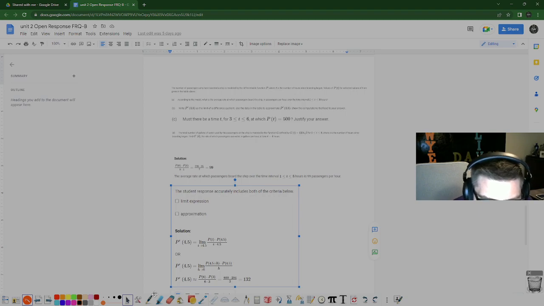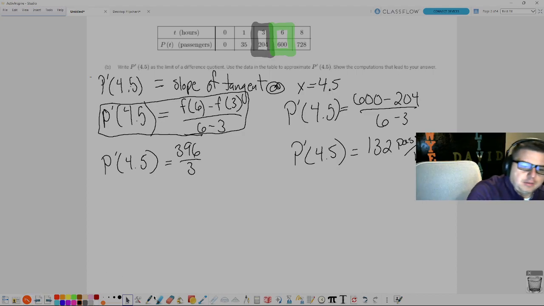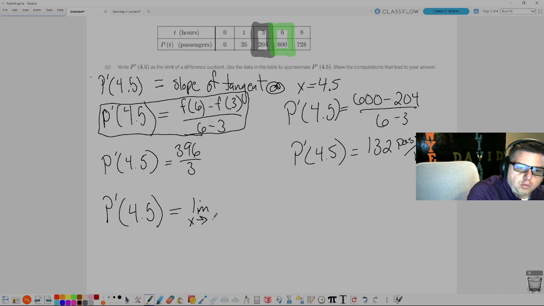So this was our approximation. We definitely did that, but we needed to show that p prime of 4.5 is equal to the limit. And you have a couple different limits. We had the one where x approaches a of f of x minus f of a over x minus a.